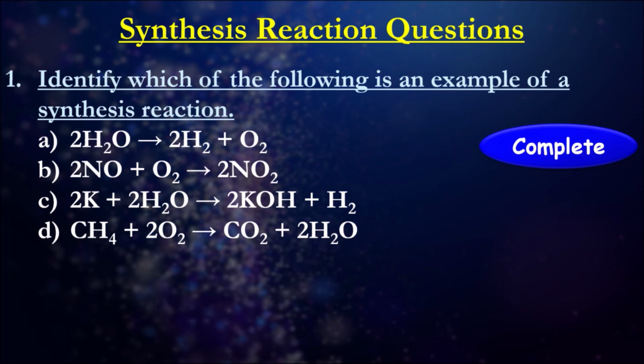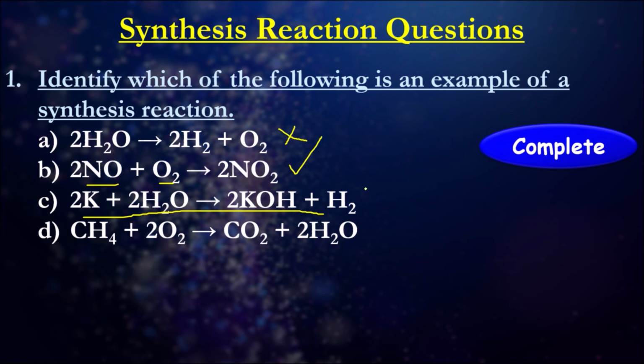Let's have a look at the following question. Which of the following is an example of a synthesis equation? If we have a look, it can't be A, because A shows a decomposition reaction. B is an example of a synthesis reaction because we have two or more chemicals forming into a single product.